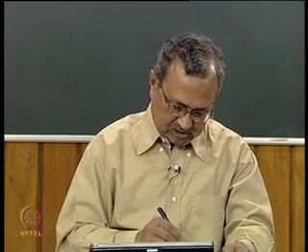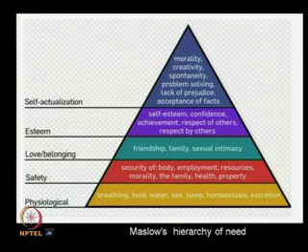Now, we will see some of the factors here, how it depends. Now, if we see Maslow's hierarchy of needs, in this pyramid the physiological need is the base, that is bathing, food, water, sex, sleep, homeostasis, excretion, etc. Then comes safety, security of body, employment, resources, morality, the family, health, property.